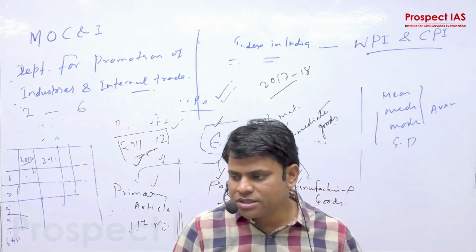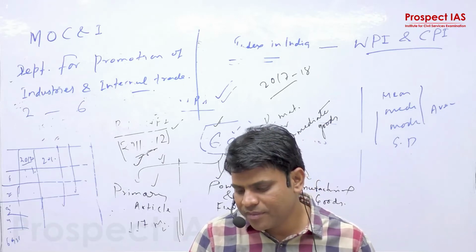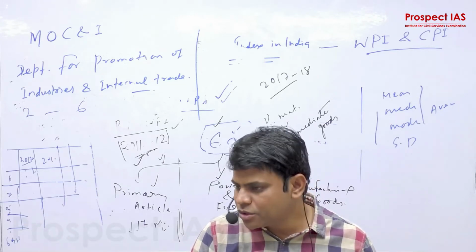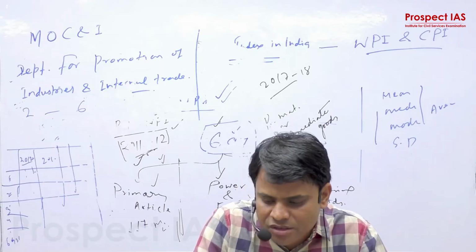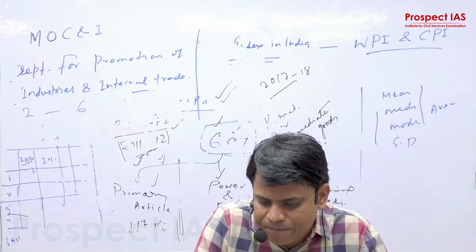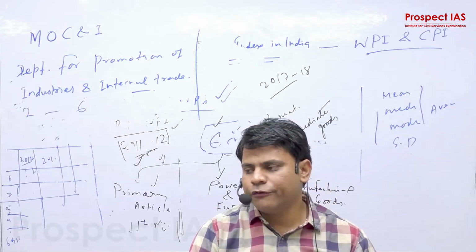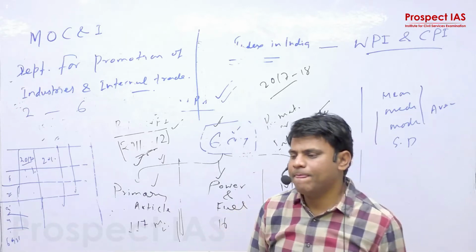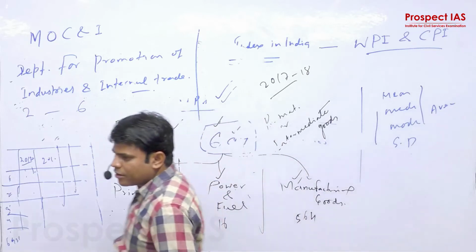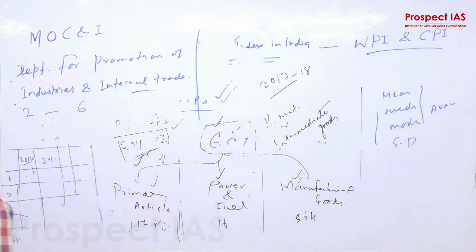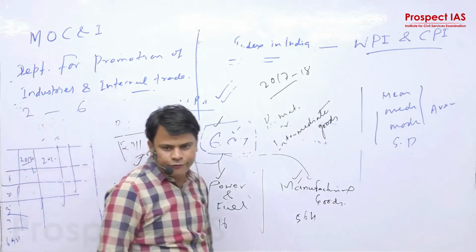It includes goods only. No services are included in the construction of WPI. And this is the major drawback of our WPI. You find not a single service in the construction of WPI.